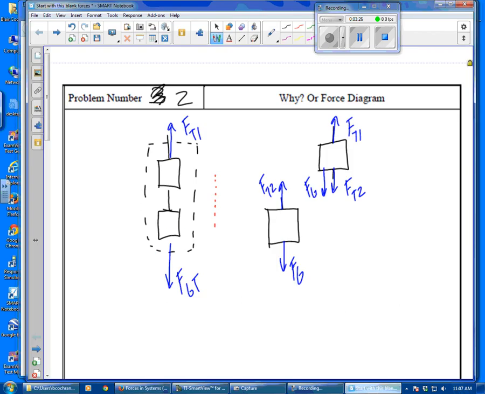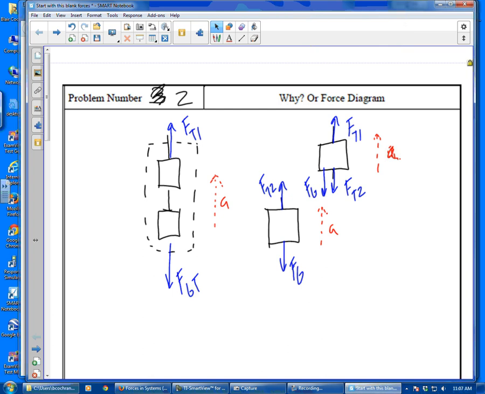For part B, I'd have the exact same diagrams, except I'd have an acceleration upwards. So part A is without the acceleration, and part B is the exact same diagrams, but with the accelerations. All right?